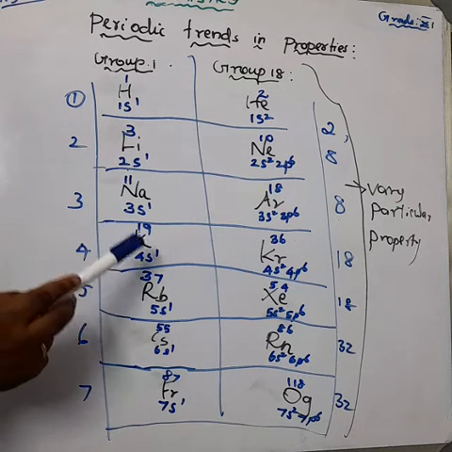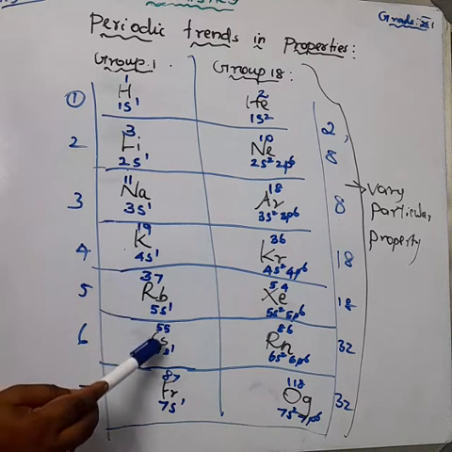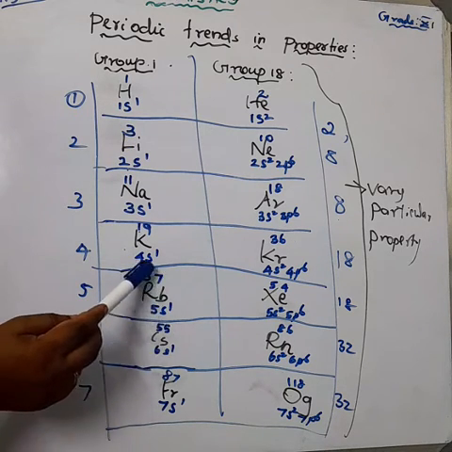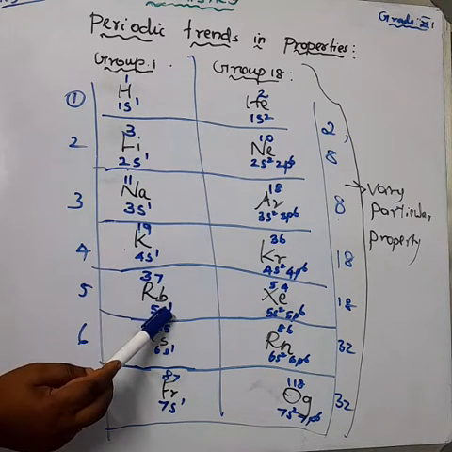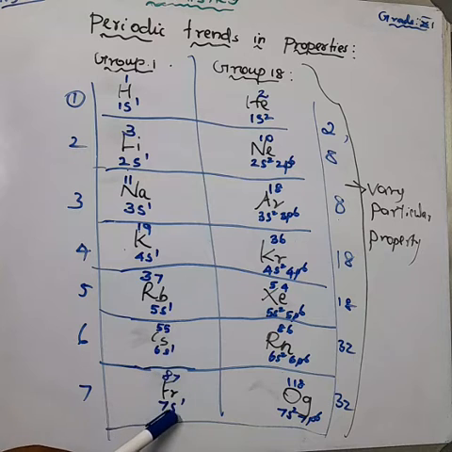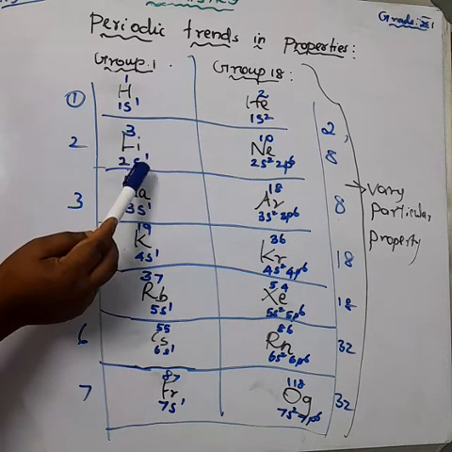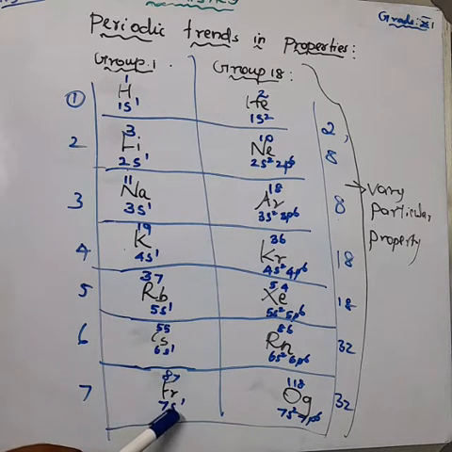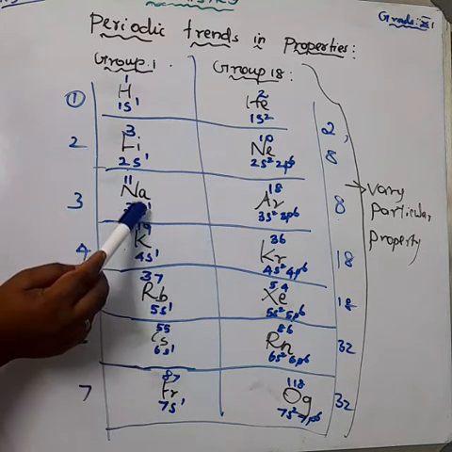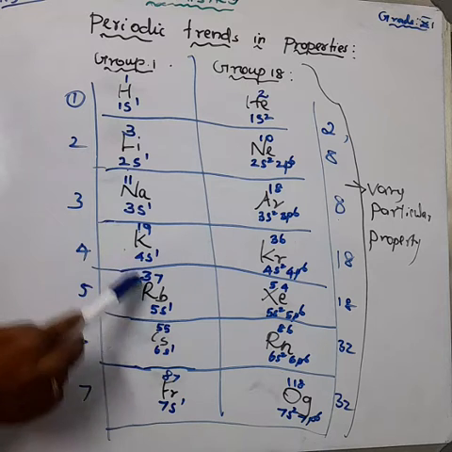The principal quantum number differs, but the subshells are the same: the new electrons enter the s orbital, the s subshell, in all group 1 elements. The principal quantum number shells differ with increasing atomic number.